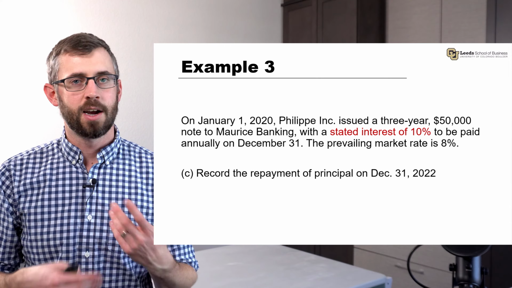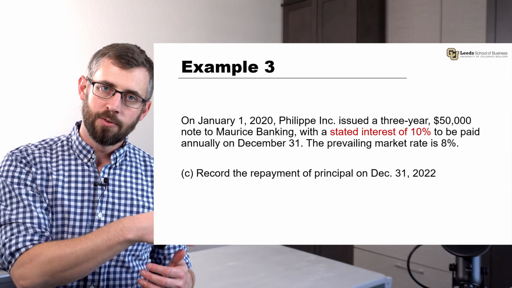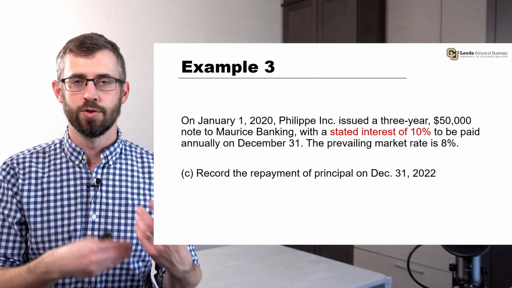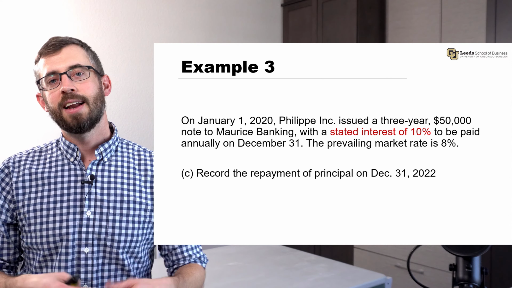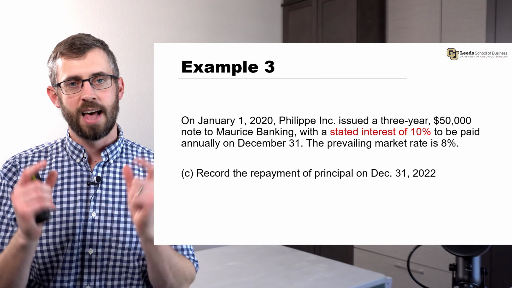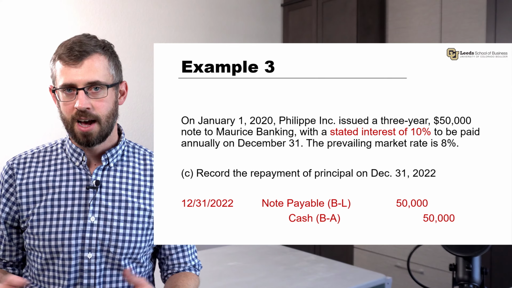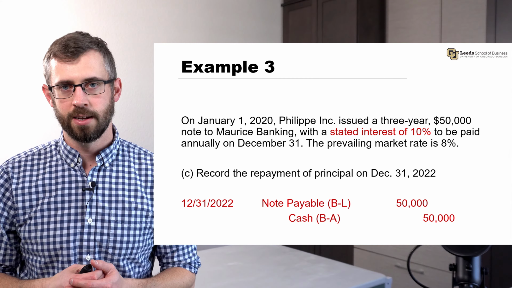And so we do that a couple more times at the end of each year, and my premium falls, my note payable falls along with that as I continue to repay that principal. And I end up at the end of the third year, after making that third coupon payment, with a liability of $50,000. And so I repay that $50,000 and my note payable goes away as well.